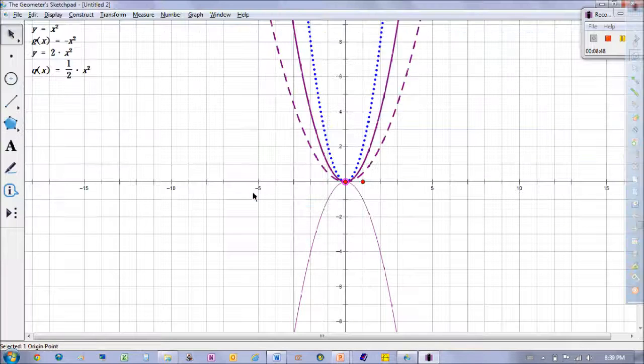Looking back at that picture, if the a is greater than 1, the parabola will be narrow, has a vertical stretch. If the a is between 0 and 1, a fraction with a value less than 1, the parabola will be more and more compressed vertically.